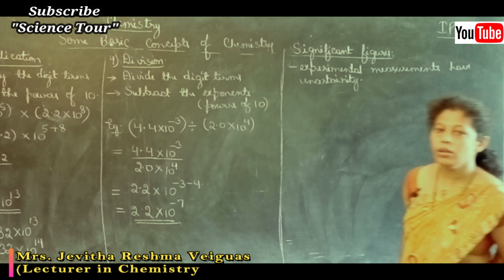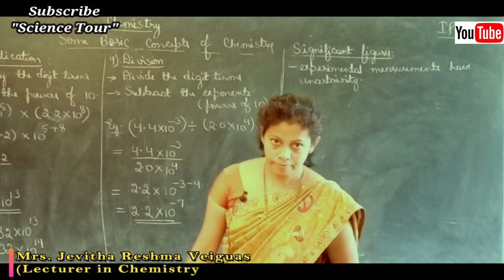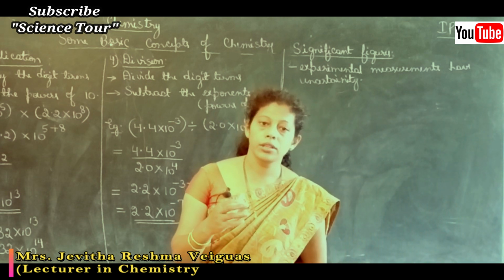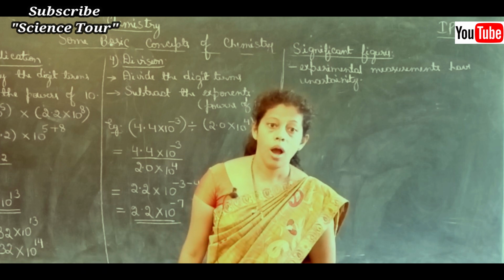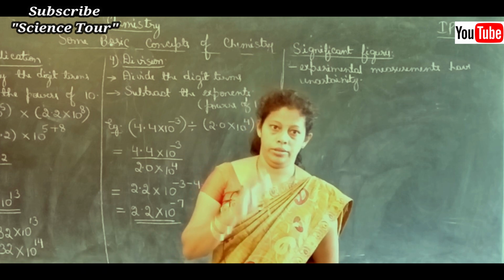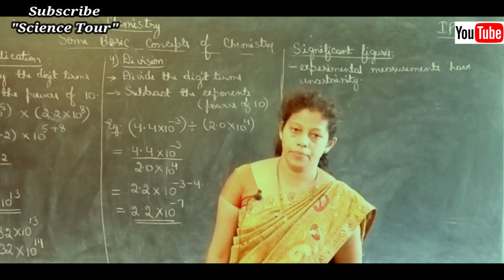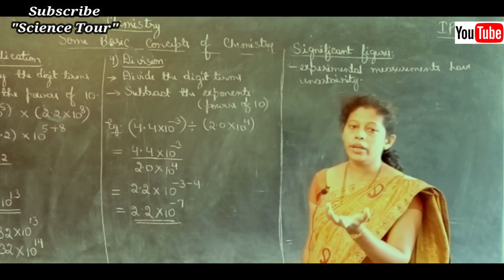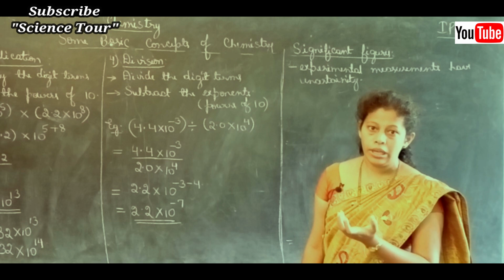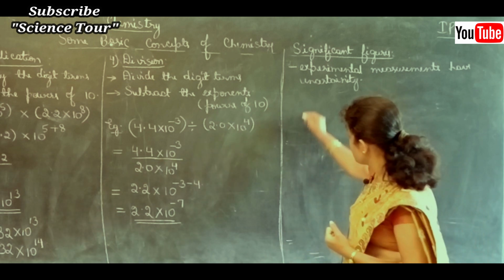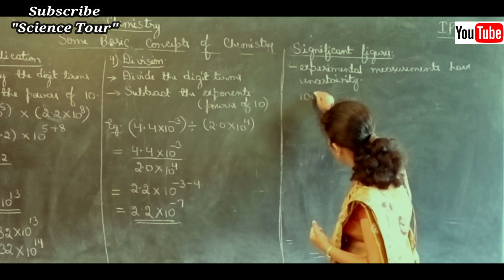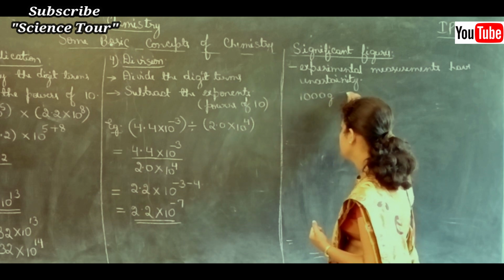Say for example, you go to the grocery shop and you want to buy 1 kilogram of sugar. They will weigh it in the digital balance. 1 kg sugar means you want 1000 grams of sugar.